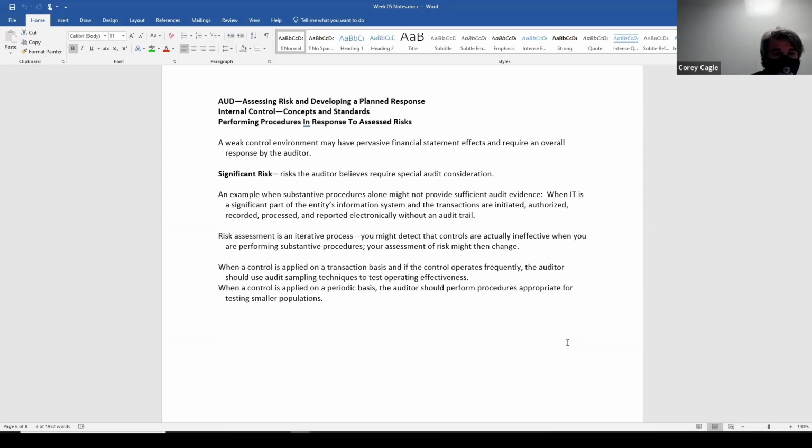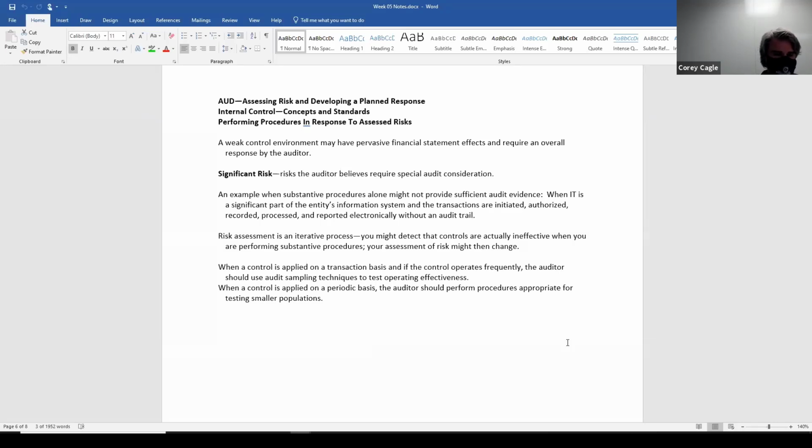There may be a weak control environment, and if so, it's not the end of the world. It just means we can't rely on controls, and it means that we're going to have to beef up our substantive tests. We don't have to rely on any controls. We can just rely on our substantive tests, but we can't just rely on tests of controls.